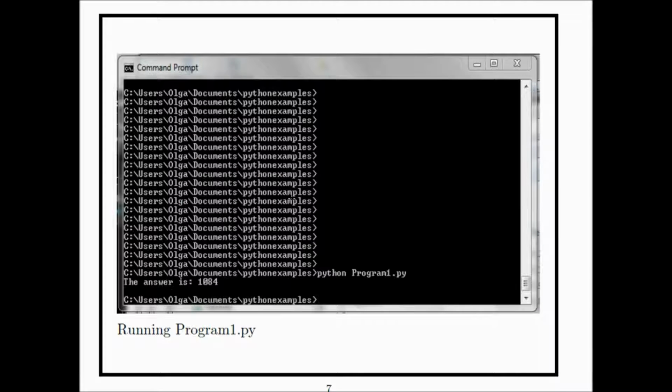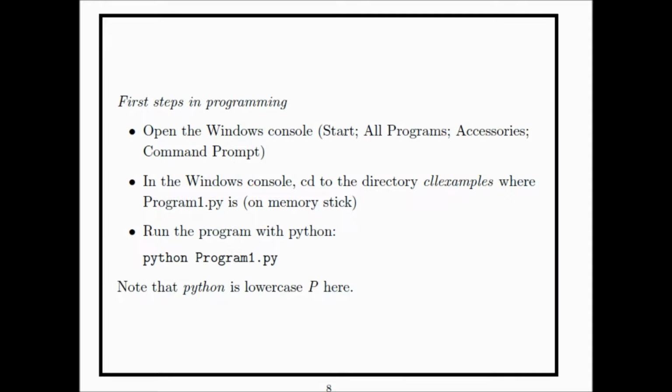So that's what it looks like, running in a command window on Windows. Well, to get started, you open the Windows console. You can find this on the start option of a Windows PC, and similarly you can get a console in Linux and in Mac OS.